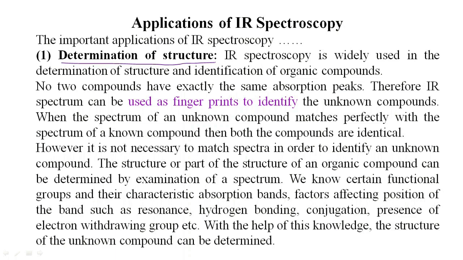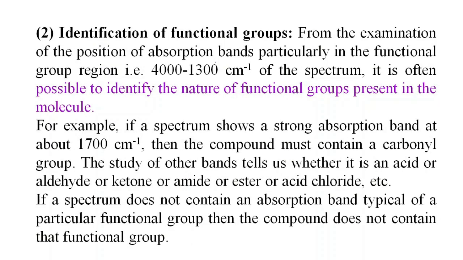And identification of the functional groups which are present in the compound is the key step in determination of the structure. So determination of structure is a very important application of IR spectroscopy. Or we can write identification of functional group.